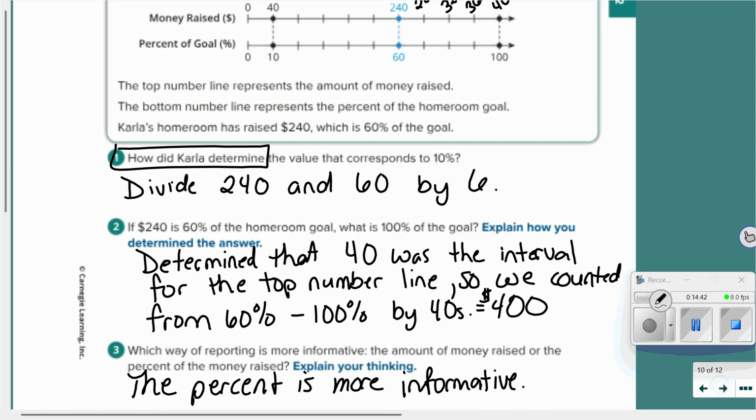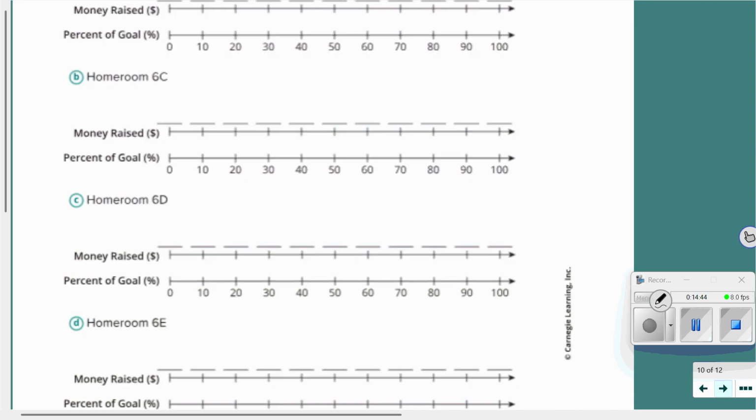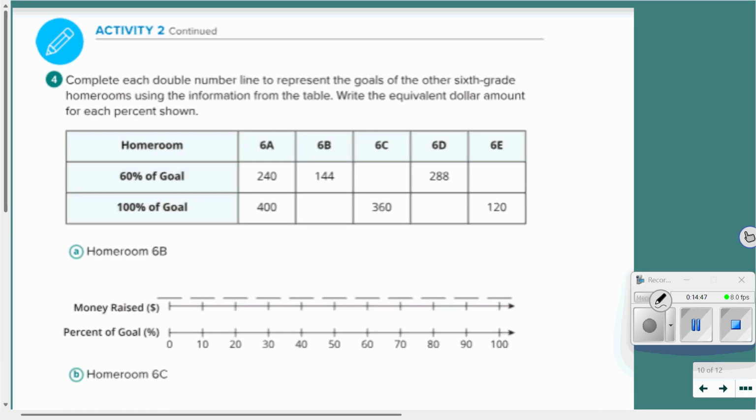All right, next page. We just did homeroom 6A on the double number line, and we found 400 was 100% of their goal. Yes? Now we're doing 6B, 6C, 6D, and 6E homerooms. And they give us a piece of information to fill out our double number lines. In this case, 6B tells us what? 60% of their goal is $144.